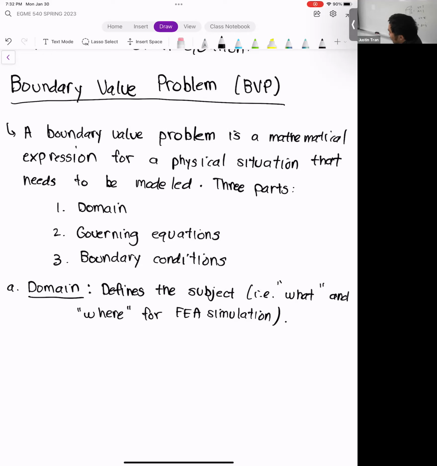And so practically, when we talk about the domain, we're basically talking about the geometry for your simulation. Oftentimes this takes the form of a CAD file, or a geometry that you might construct. And so for our first activity, that was our plate with the hole.